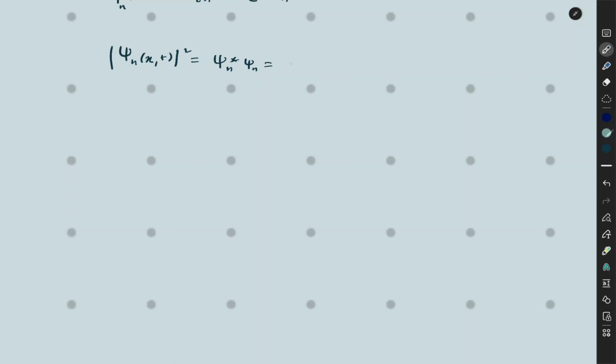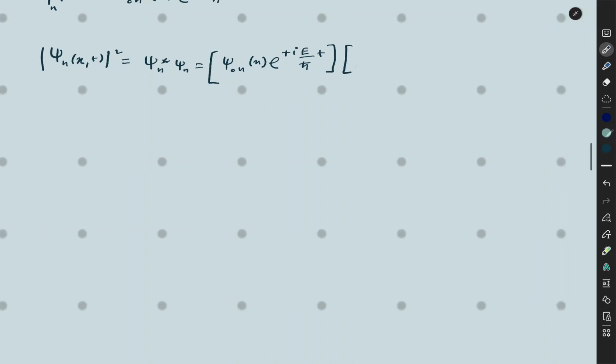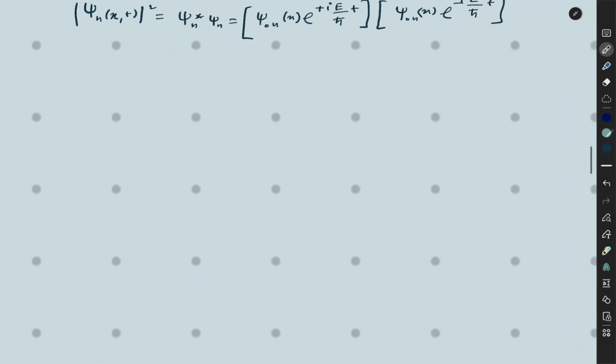So it becomes psi naught n of x e to the power of plus iota E by h cut and then t. This is the conjugate part, and the original part will be psi naught n of x e to the power of minus iota E by h cut multiplied by t.